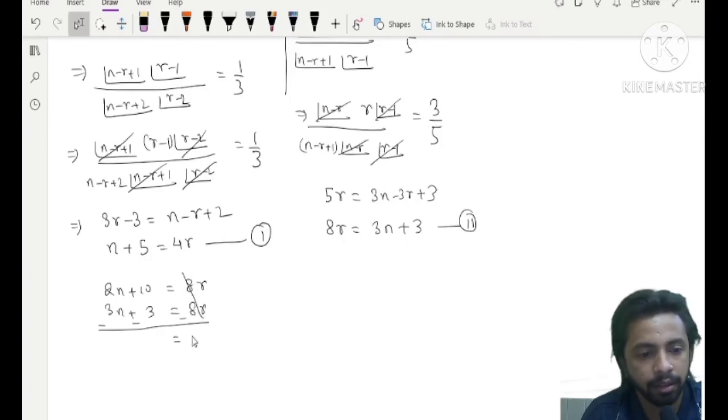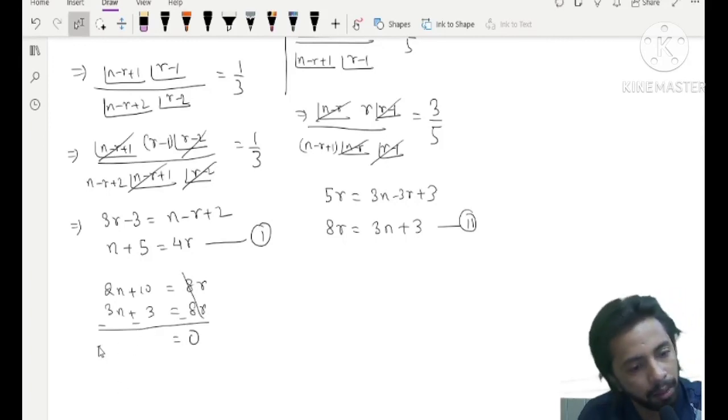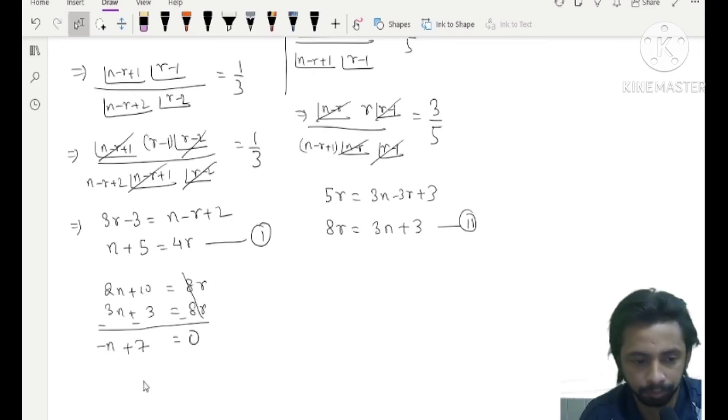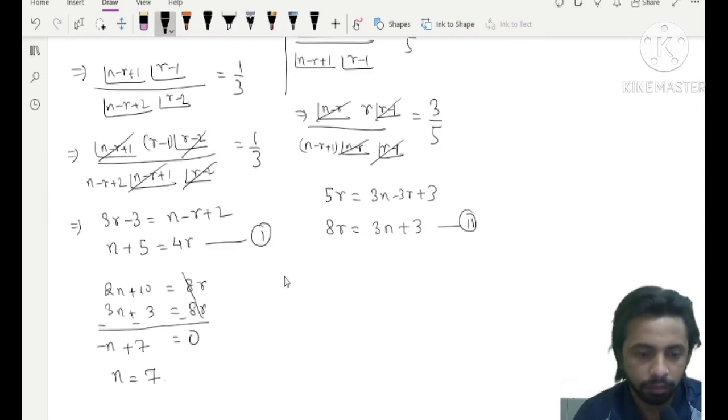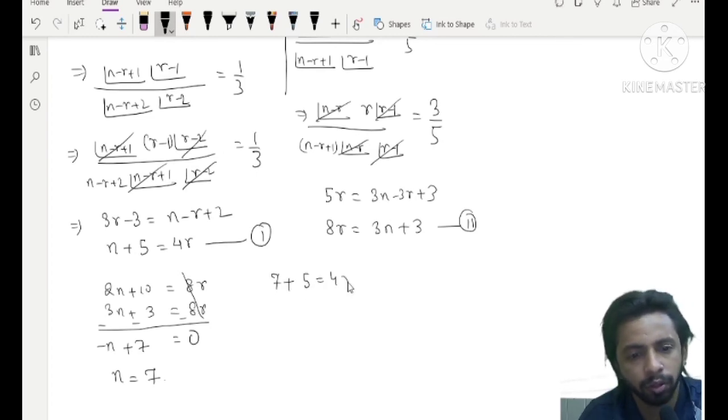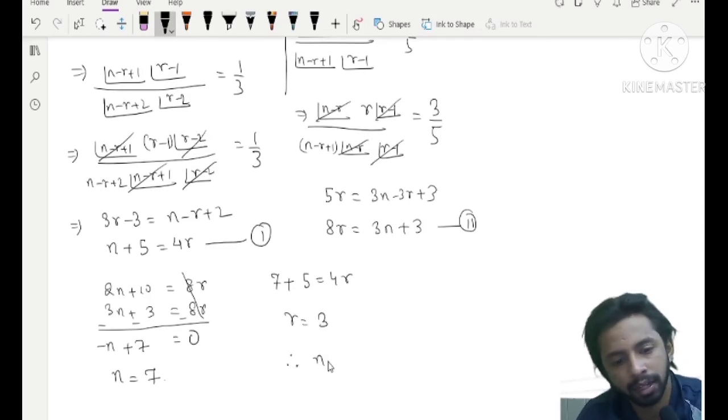In the right hand side we have 0 equals n minus 7. That means the value of n is 7. After you put the value of n in any of the equations, you can find r. So I am putting it in equation number 1. This becomes 7 plus 5 equals 4r. The value of r will be 3. So therefore the final answer: n equals 7, r equals 3.